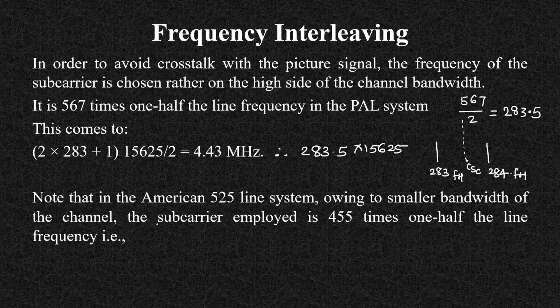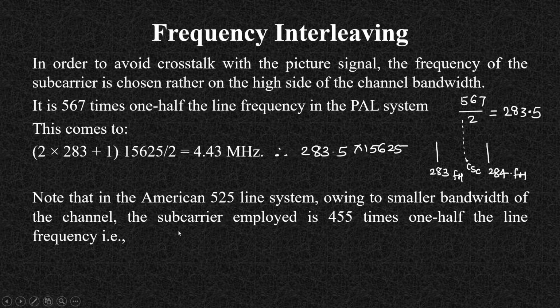This is for our system, which is a 625 line system. But if you talk about NTSC, the American television system, the bandwidth is smaller than ours. Our bandwidth is up to 5 megahertz, theirs is up to 4 megahertz.